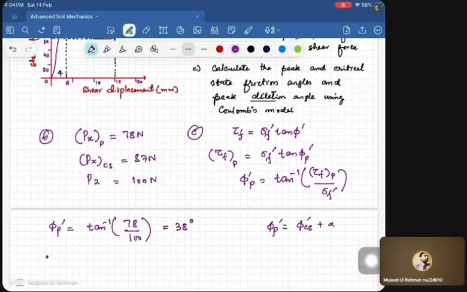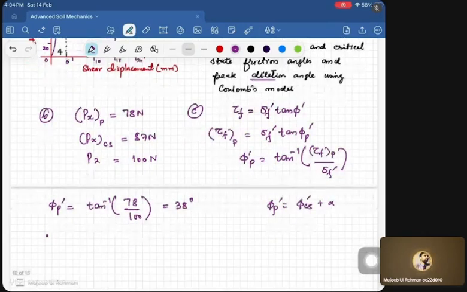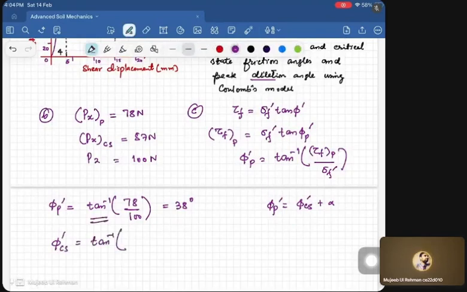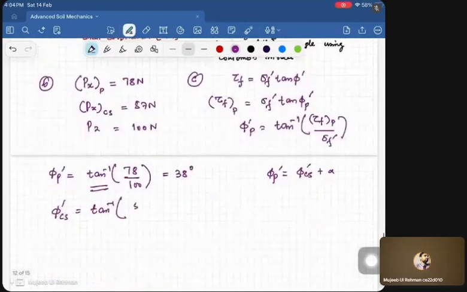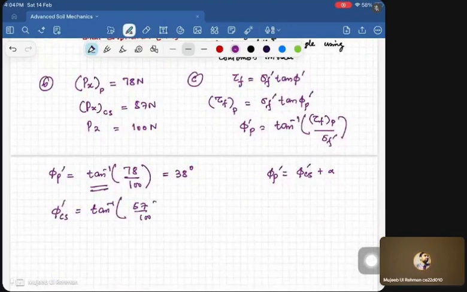Alpha is the dilation angle, correct? So we will now determine the phi corresponding to the critical state. So phi dash critical state will be equal to, similar to this equation, tan inverse of the shear stress corresponding to the critical state, which is 57 divided by 100.